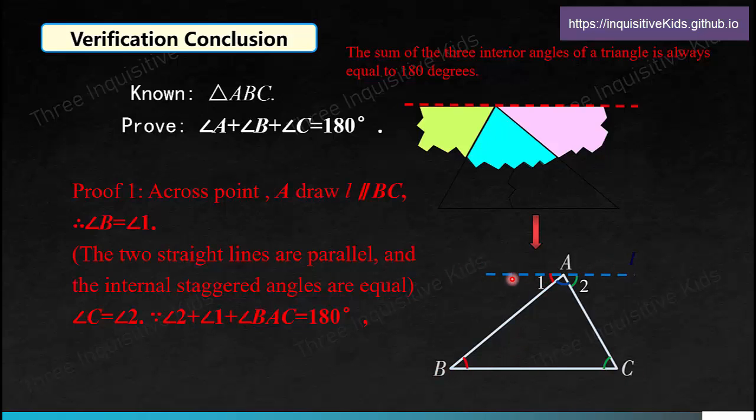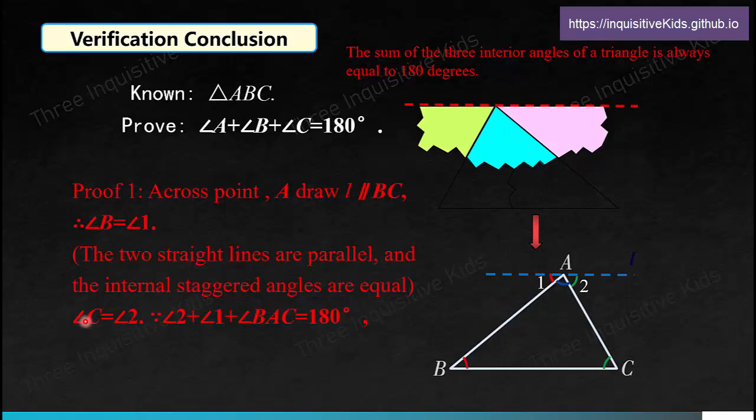See how these are alternate interior angles? These two lines, line L and line segment BC, are parallel, so that's what makes them equal.